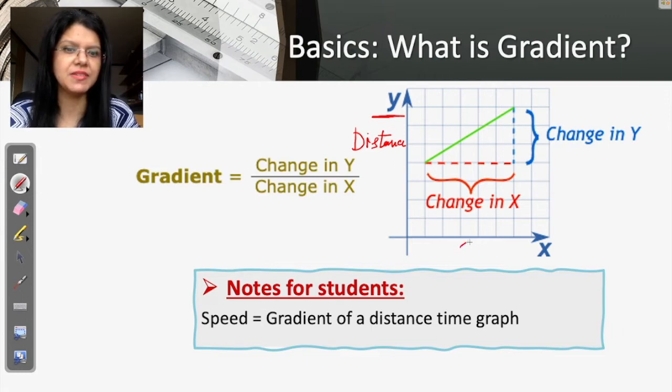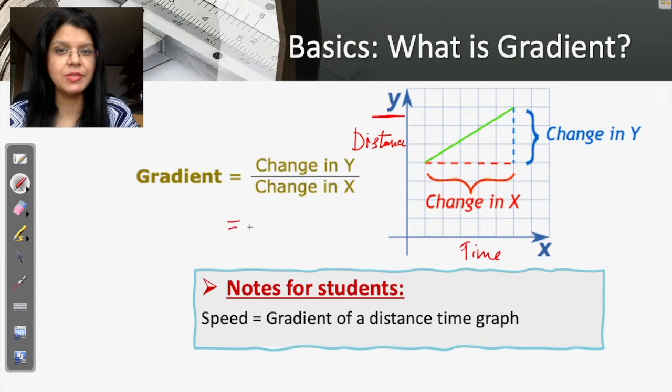On the x-axis you'll have time. Right? So when you are finding the gradient for a distance time graph, what do you get? Change in y becomes change in distance, and the change in x becomes the change in time. And what is distance over time? Distance over time is speed.